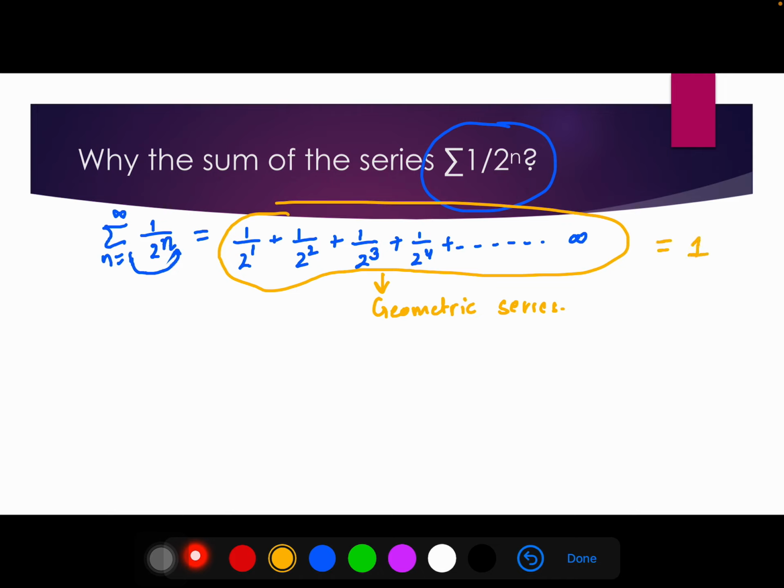For those of you who know how we find the sum of a geometric series, that will be the first term divided by 1 minus the common ratio, so that is going to be half over half, that is 1. So we agree that the formula gives us the sum is equal to 1, but we would like to see geometrically what is happening.